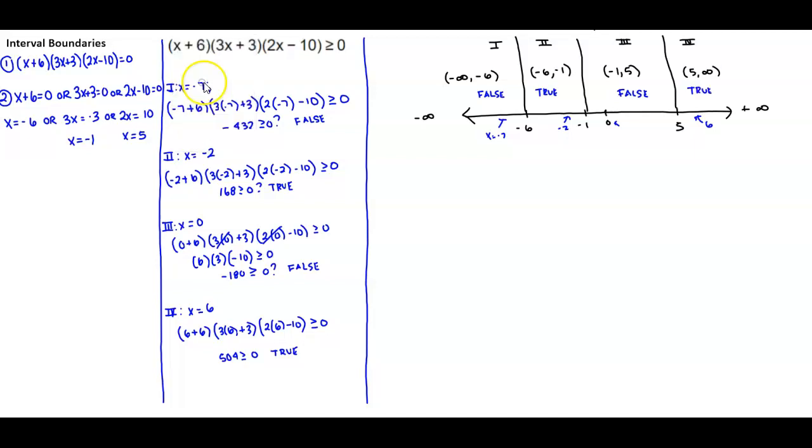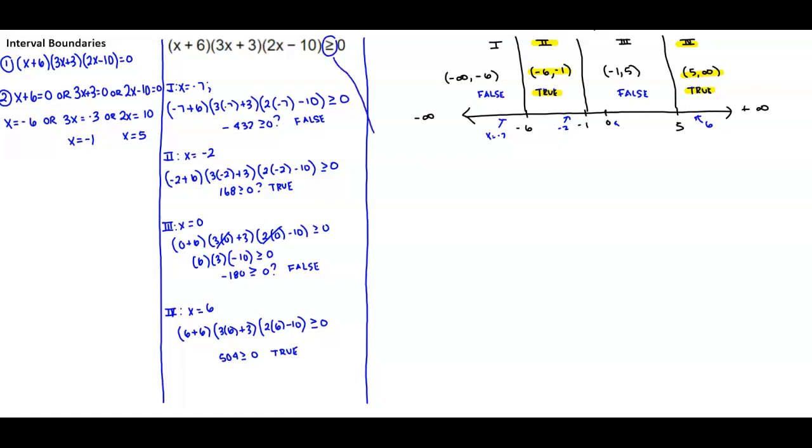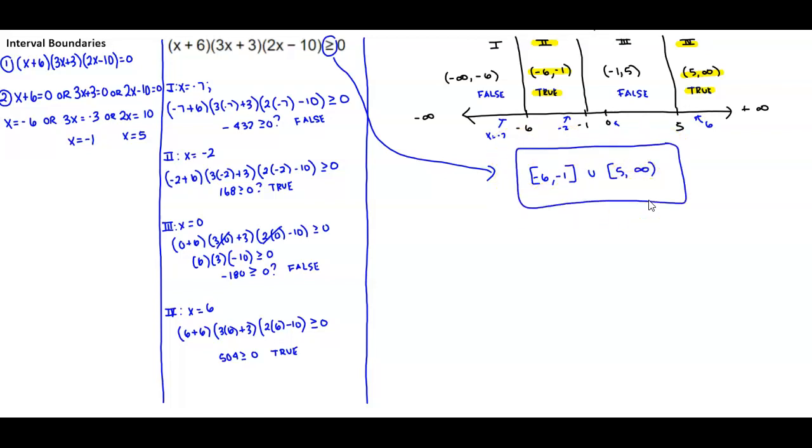So where is it true? It's true in region number 2 and true for region number 4. Now remember that we are having inclusive inequalities because this is greater than or equal to. So it's going to be bracket negative 6 comma negative 1 union bracket 5 comma infinity, and there is our solution set.